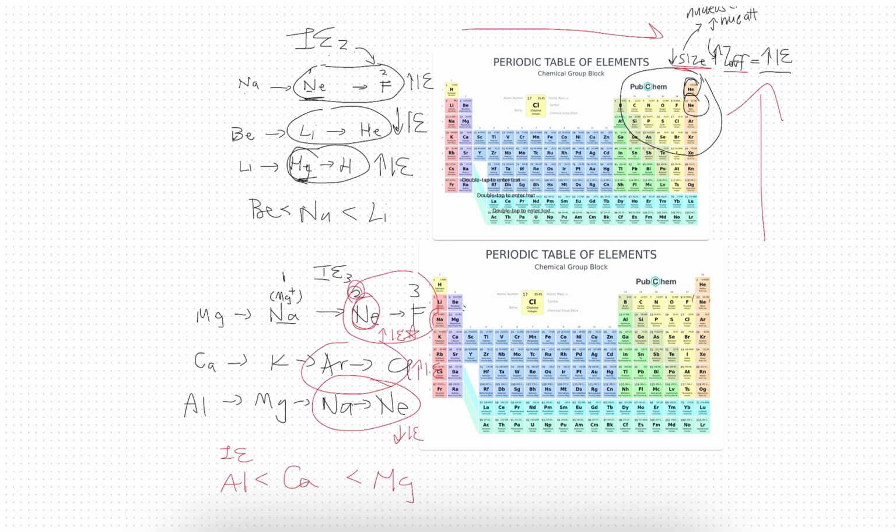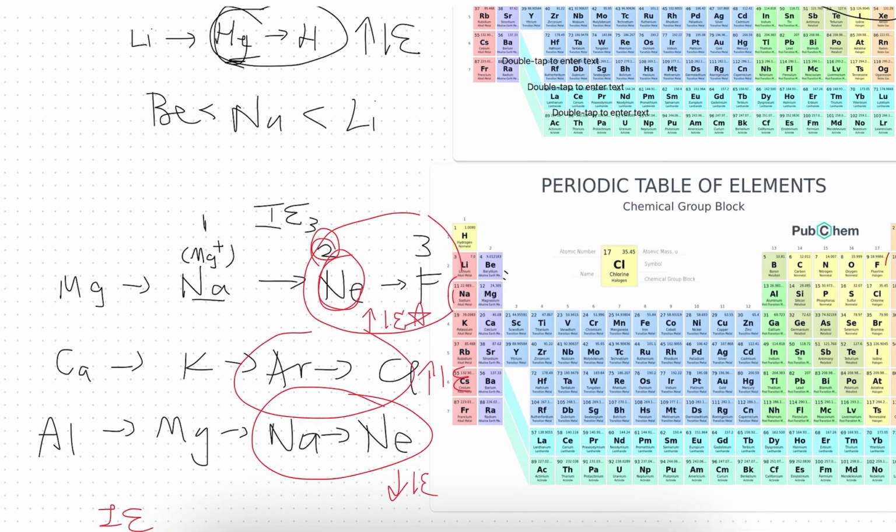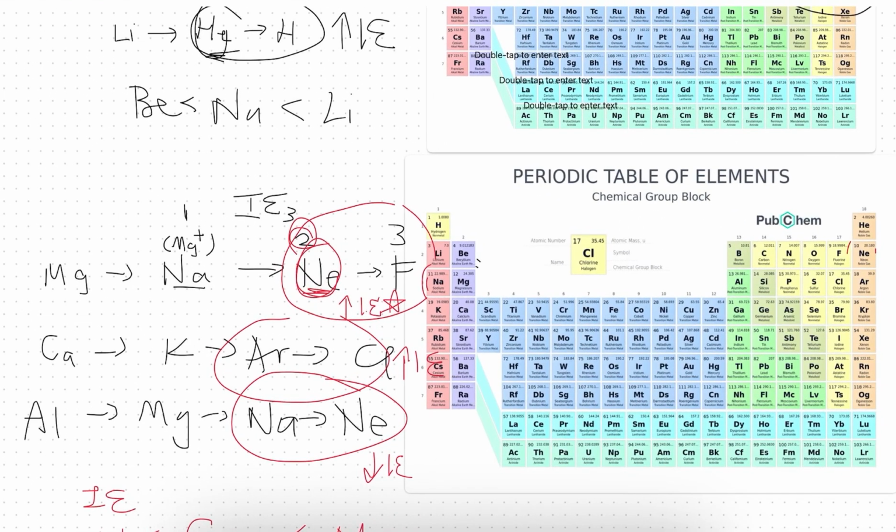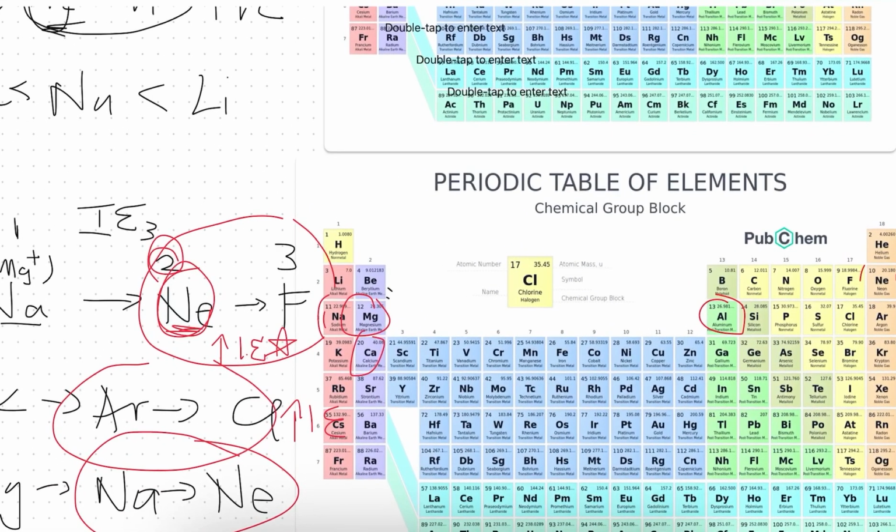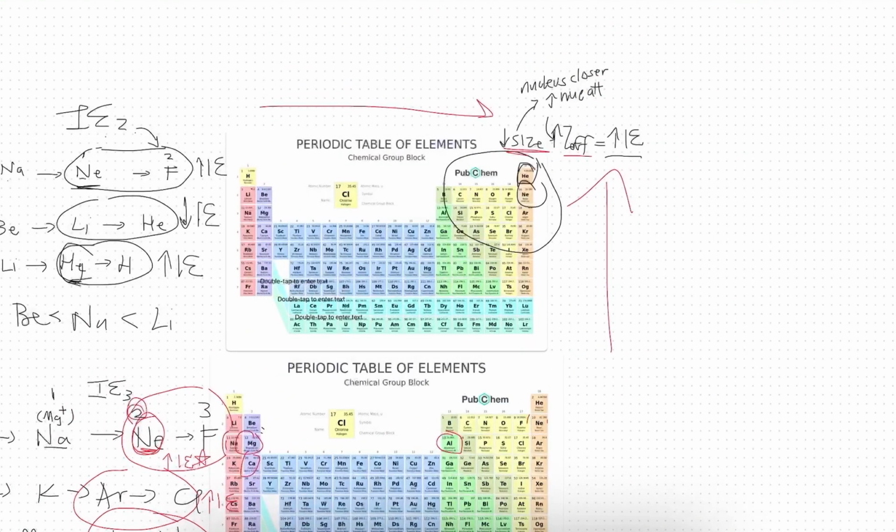Whereas if you did not use this kind of analogy to figure out your configurations, you would just be looking at magnesium, calcium, and aluminum. And if you were talking about the first ionization energy, yeah, aluminum would have the highest first ionization energy and calcium the least because of top right, highest ionization energy.